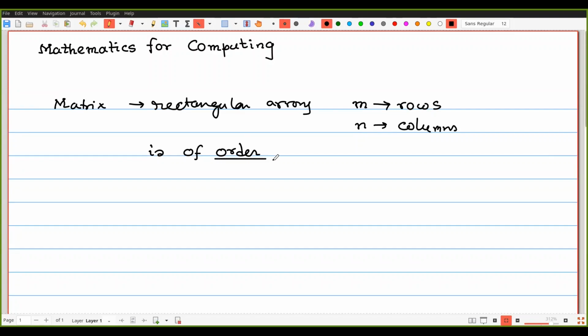How many elements? The number of elements must be m cross n.